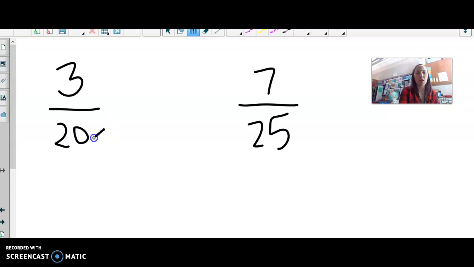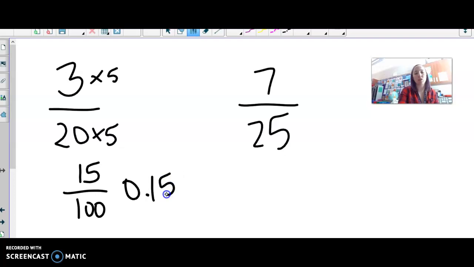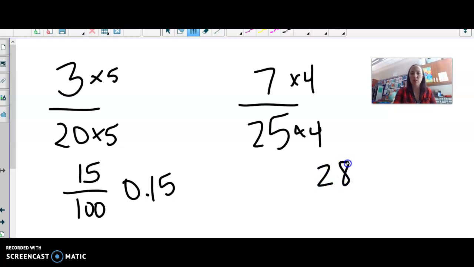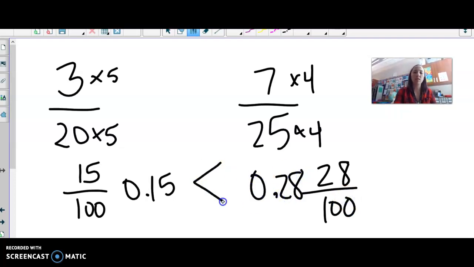I could say, okay, this one I can do times 5 and times 5 to get 15/100. This one's sort of similar to finding a common denominator. It just so happens that the common denominator is 100. 28/100. So I can see, oh, that one's going to be bigger.